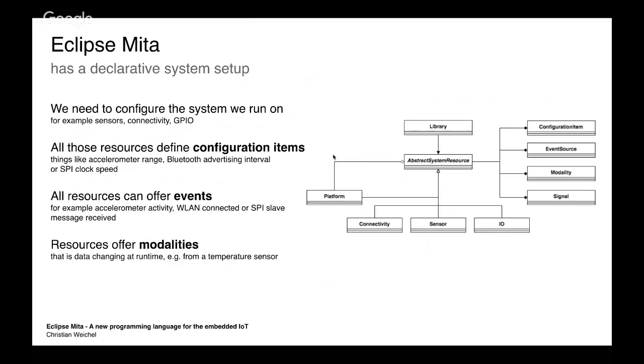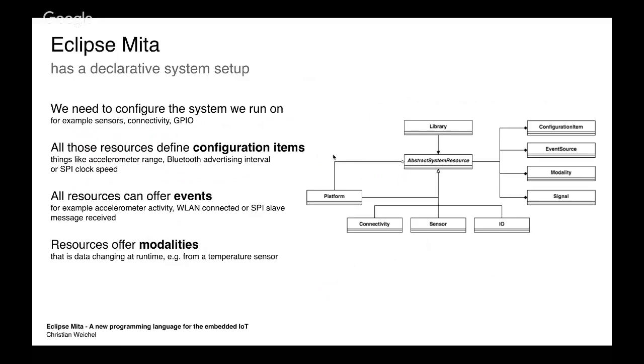We need to set up our application level protocols. For example, if we want to talk MQTT over Wi-Fi, we have to configure that. And say we use a general purpose I/O pin for reacting to an event, that we also have to set up. All those things that we can set up are considered system resources in Mita.